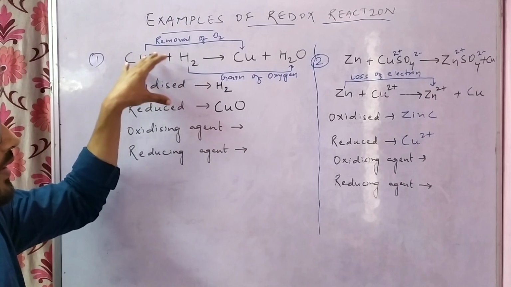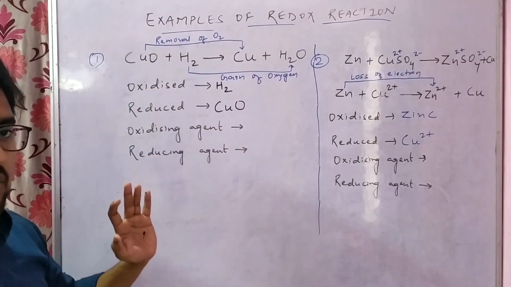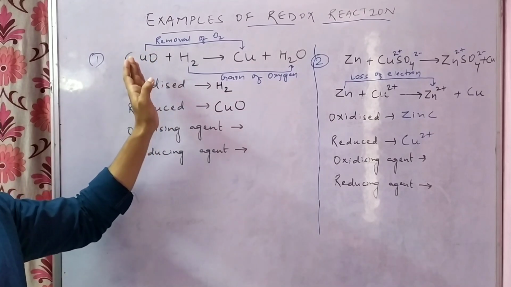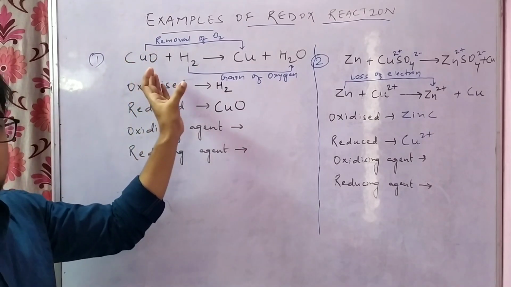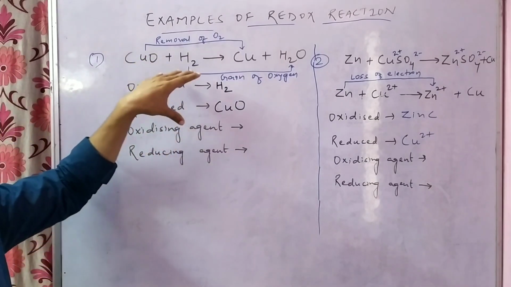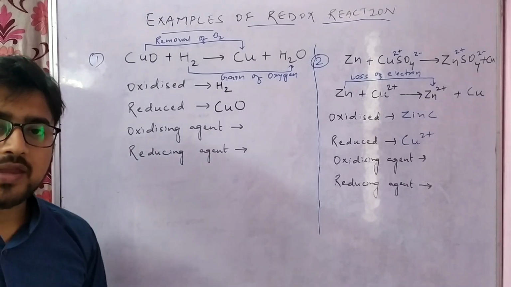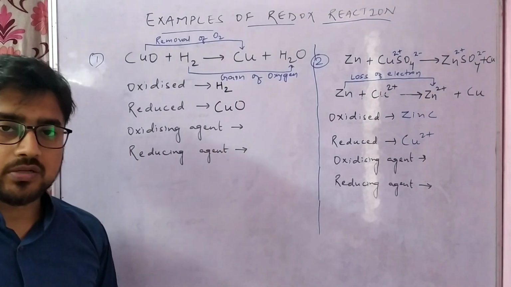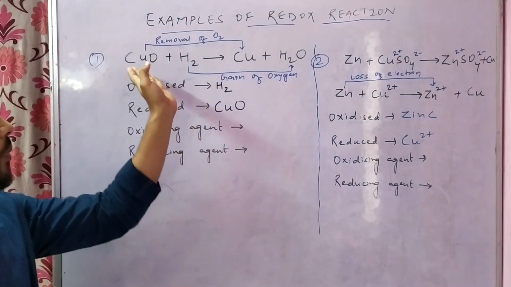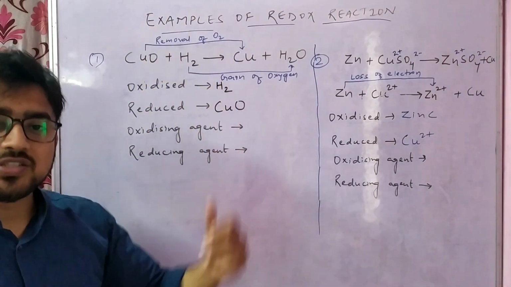Copper oxide is providing the oxygen to hydrogen और कह रहा है कि लो भाई लो ऑक्सीडाइज हो जाओ. तो who is helping here? Copper oxide is helping hydrogen in getting oxidized. So therefore oxygen कहाँ से मिल रहा है हाइड्रोजन को? From copper oxide, and that is why copper oxide is the oxidizing agent. Why is it the oxidizing agent? Because copper oxide is giving oxygen and helping hydrogen in the oxidation process.